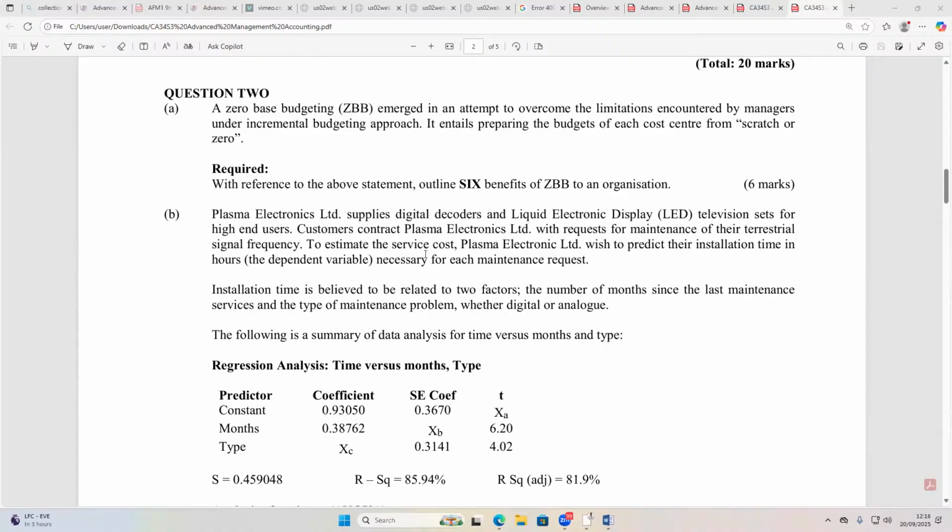To estimate the service cost, Plasma Electronics Limited wishes to predict the installation time in hours, the dependent variable, necessary for each maintenance request. Installation time is believed to be related to two factors: the number of months since the last maintenance service and the type of the maintenance problem, whether digital or analog.